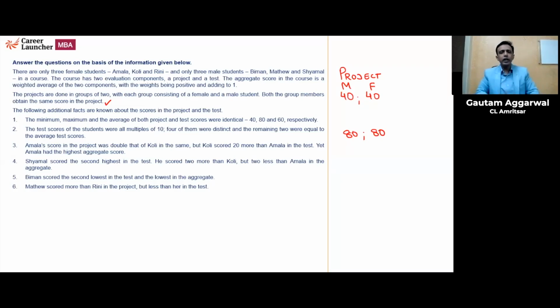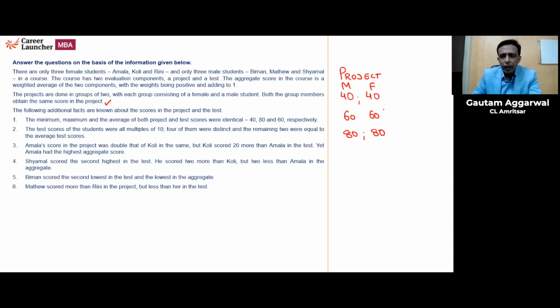Now, what was critical? If I have to maintain an average of 60, what does that mean? The other scores available in the project again have to be 60. So that was a little more critical to understand in this case. 40 and 80 already turn out to be an average of 60, or we could work with the total.